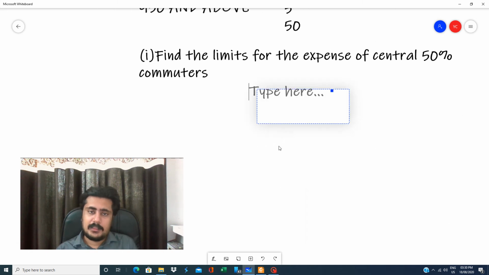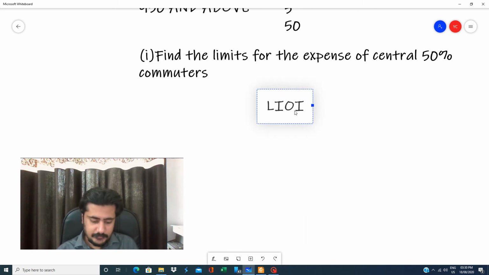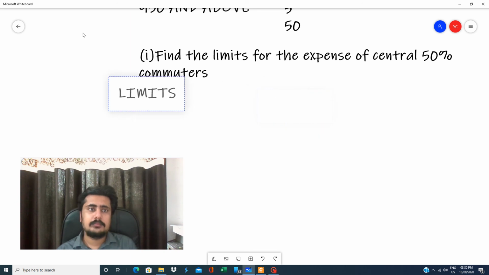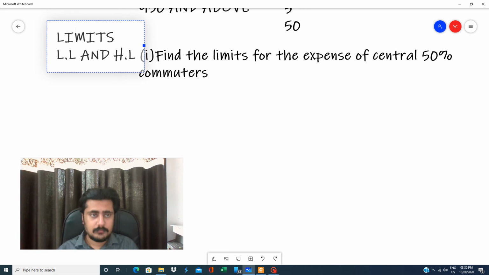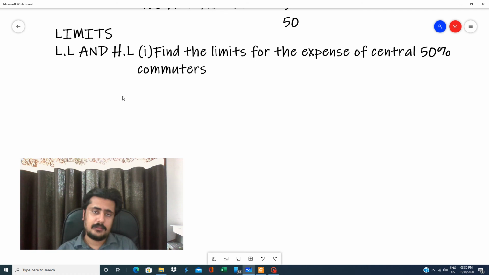Limits means there will be two answers: lower limit and higher limit. Your answer will be like, my limit for the expenses is from this to this. Okay, there will be two answers.